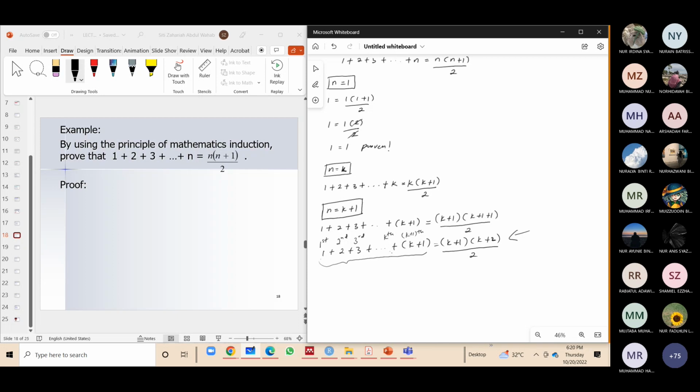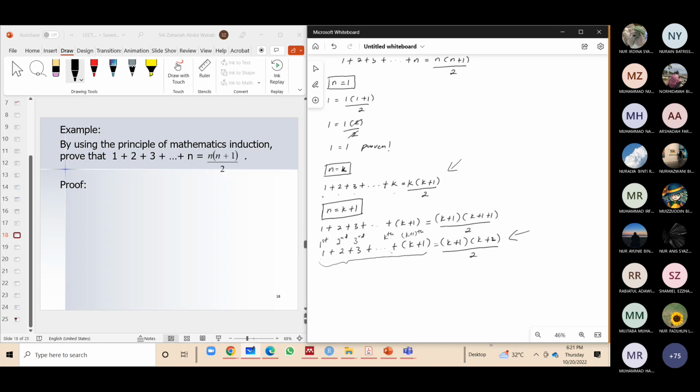Summation from the first to the kth number, the total is in the second step. Actually, this second step shows you the summation from the first number, second number, third number until the kth number. The total is k times (k plus 1) over 2. So we already have the total in the second step. We just put it here.